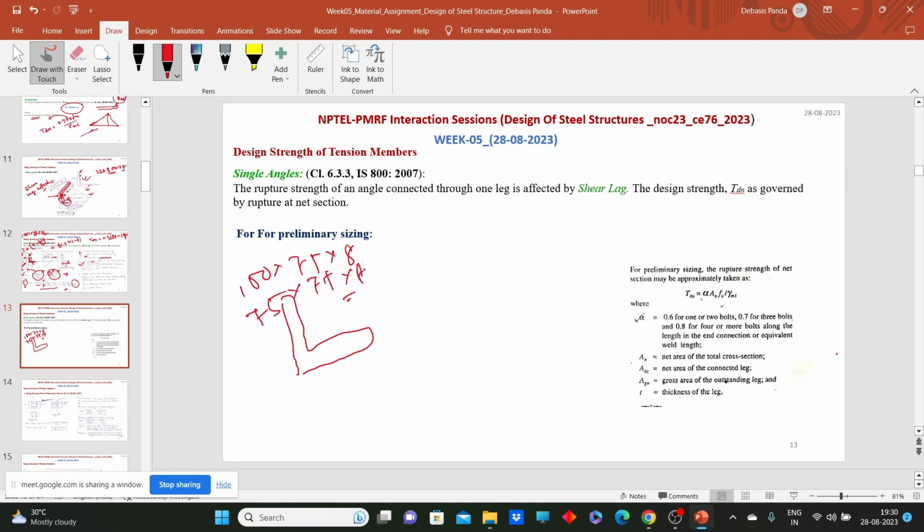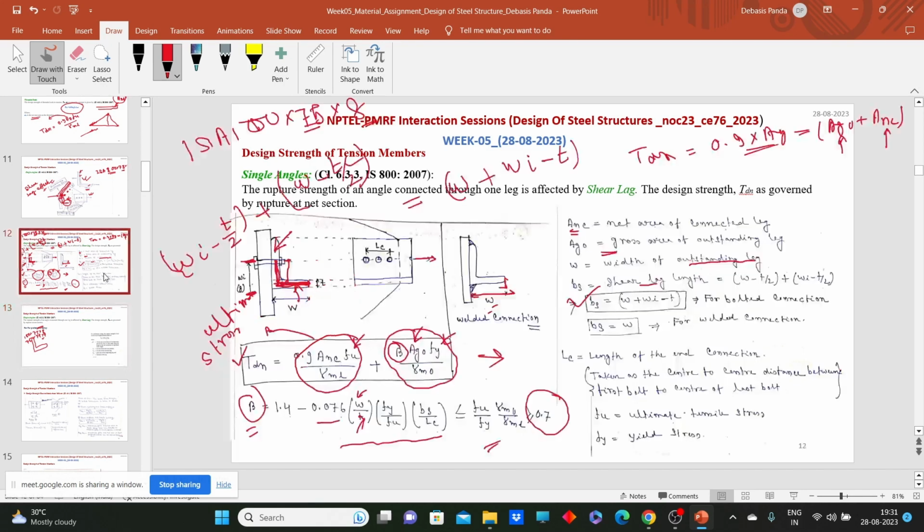We don't know at the first step of the design. So for primary sizing, when we don't know how many bolts there are, what the end distance, gauge distance, edge distance, number of bolts or diameter of bolt should be, we cannot find the Tdn value from this equation.